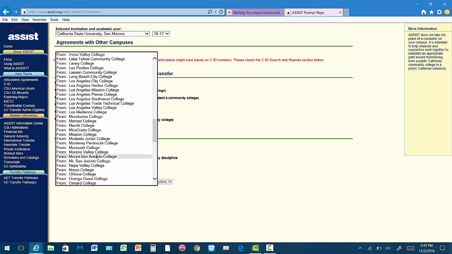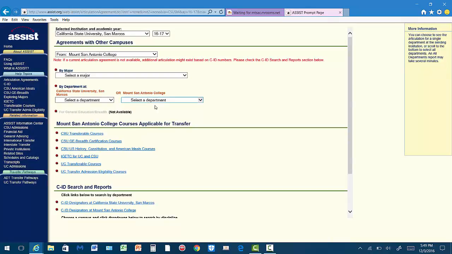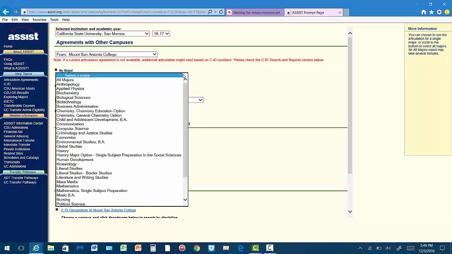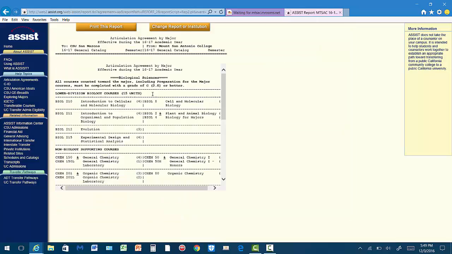Okay, here we are, and then from there we choose the major. What major are you interested in? Let's try biological sciences. And you can see in this window, on the right side Mount San Antonio College, on the left side CSU San Marcos.